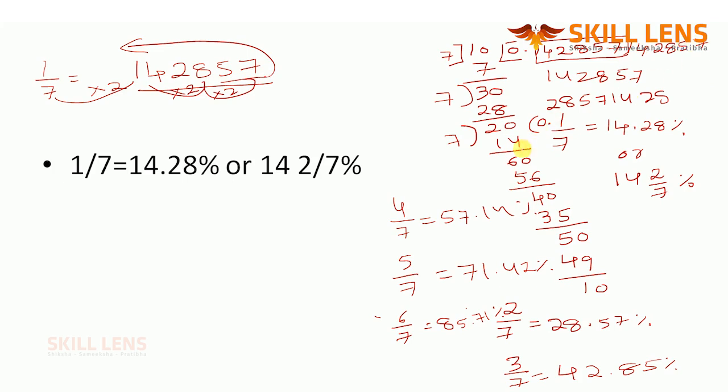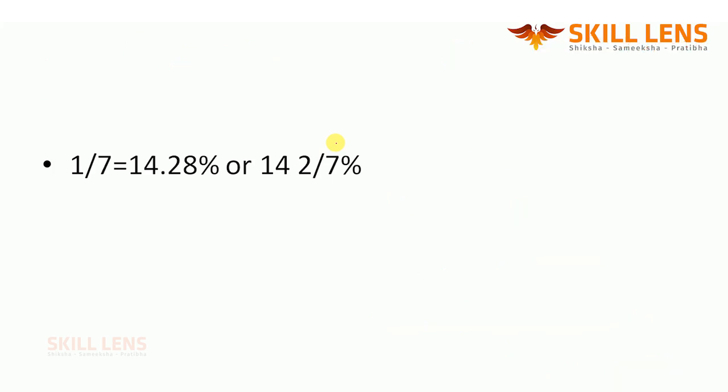You can write all the fraction values of 1 by 7. A lot of people think this is the difficult part, but it is the easiest among all the values. I hope everybody understood the fraction value of 1 by 7.